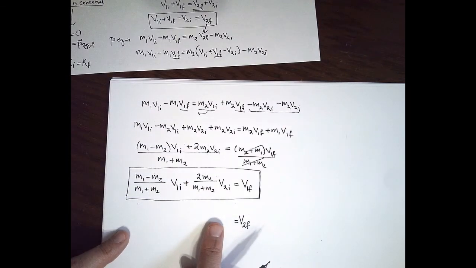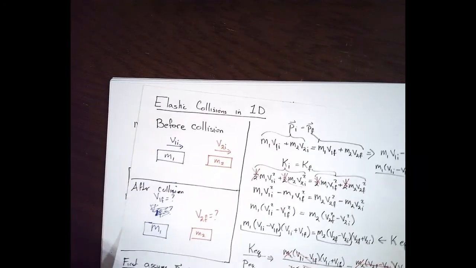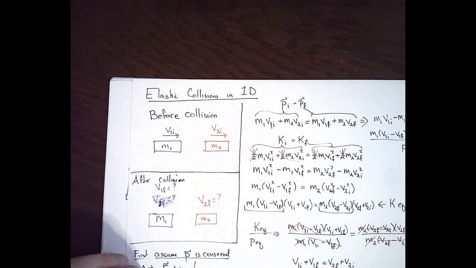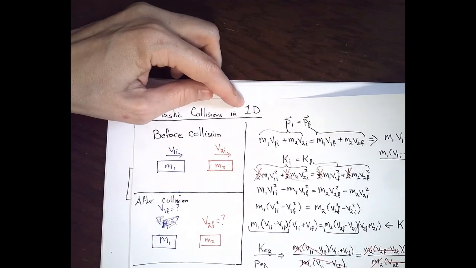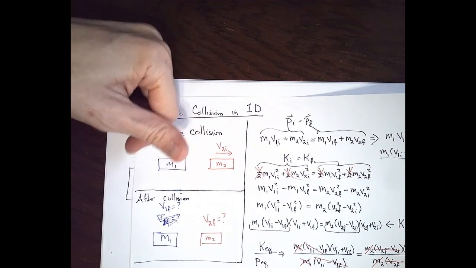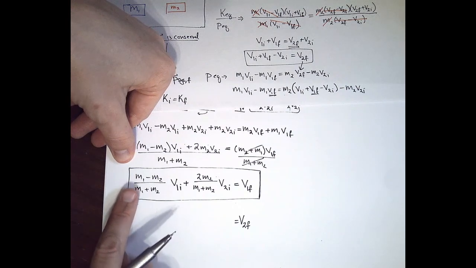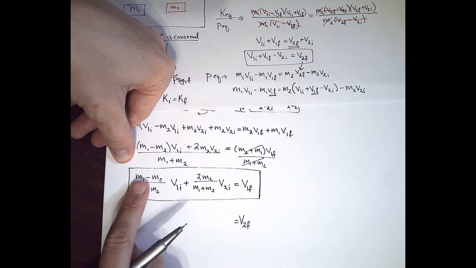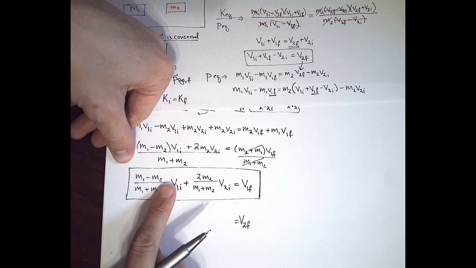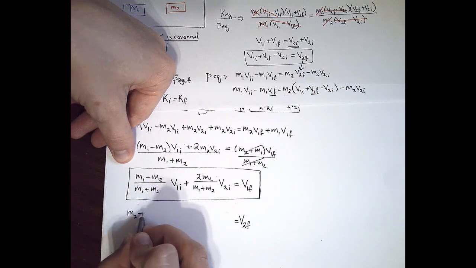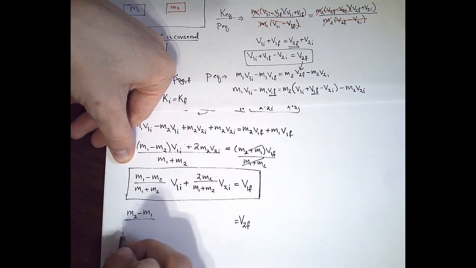But I can actually figure out what it's going to be by just saying, when I look at these two masses, there's no reason to kind of choose between them, particularly since we're in one dimension, and if we switch the velocities, they just change signs. So all I really need to do is swap all of the subscripts here. Everywhere I see a 1, put a 2. Everywhere I see a 2, put a 1. And that's going to get me my final velocity for mass 2.